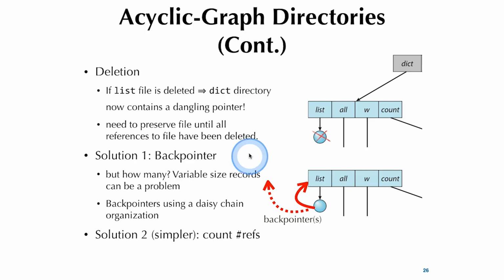Now, you have a couple other ways too. You can have what's called a back pointer. Right, back pointer means the file itself is actually pointing to all the directories that can contain it, not just a directory one-way pointer to the file. But then you have the problem of, well, what if you try to do a link from many directories?